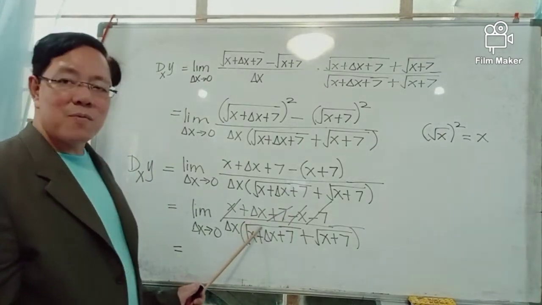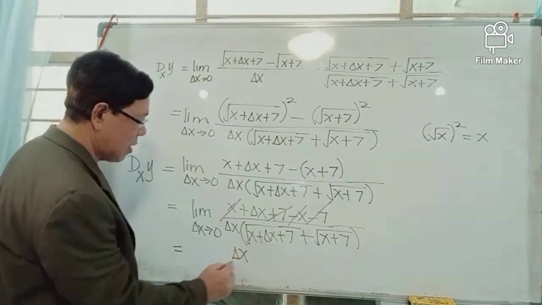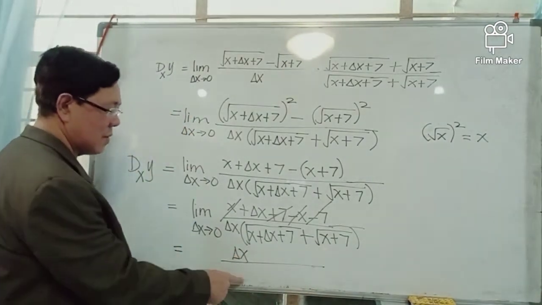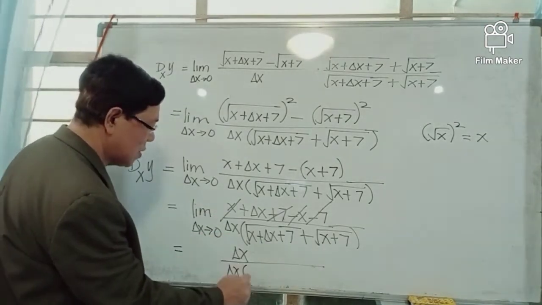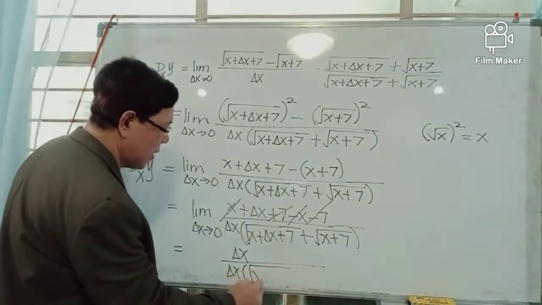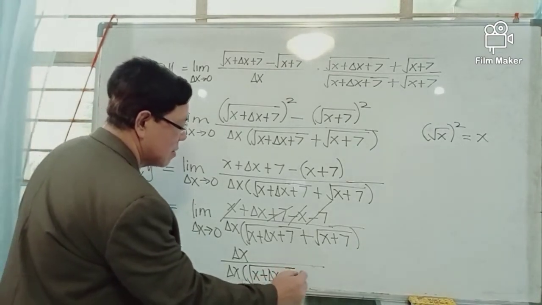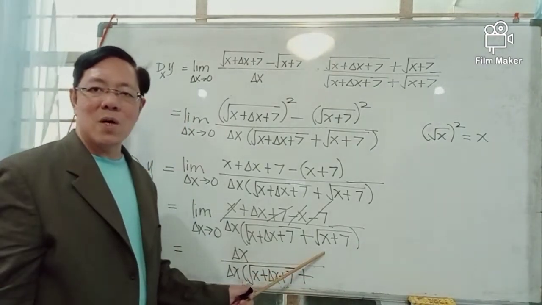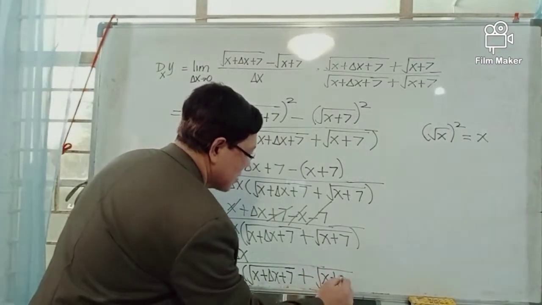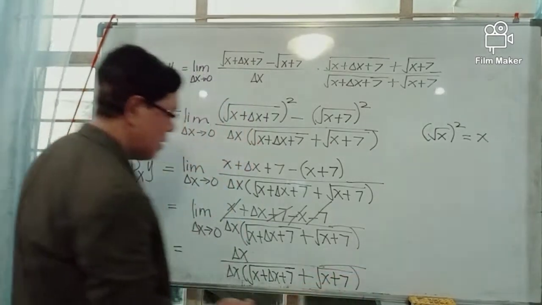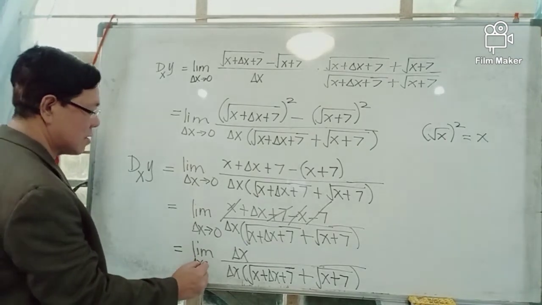And we are left with delta x in the numerator, delta x all over the denominator delta x multiplied by the root of x plus delta x plus 7 plus the root of x plus 7, and we take the limit of that as delta x approaches 0.